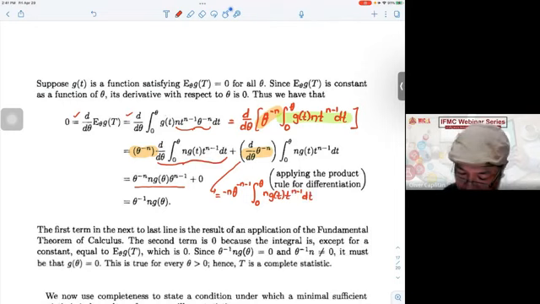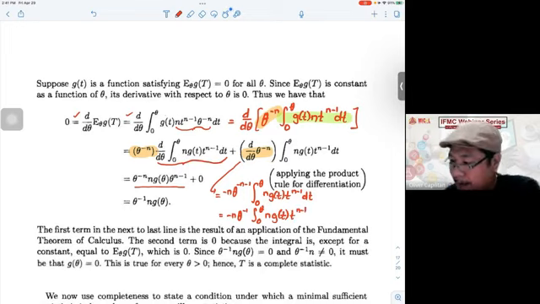So this would be equal to negative n theta to the negative n minus 1 times the integral from 0 to theta of g of t, t to the n minus 1 dt.